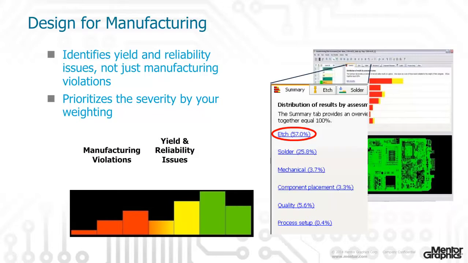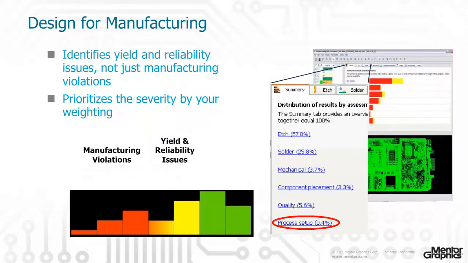Manufacturing process is all about percentage yield and degrees of quality and product reliability. Thus the results are presented according to severity, from cannot manufacture to fully okay, with opportunities to improve yield in the yellow zone between.